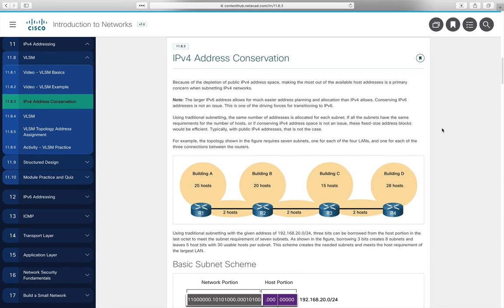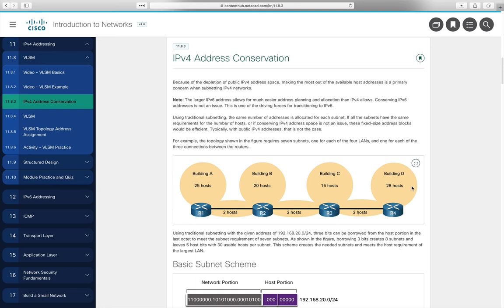So 11.8.3 is going to take kind of a step back and talk about basic subnetting scheme again, which is the first thing we looked at, where we end up with fixed size subnets for however many networks we need. So here we have 1, 2, 3, 4, 5, 6, 7 subnets that are needed.